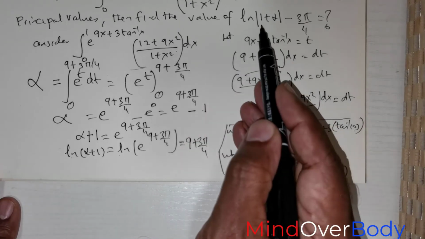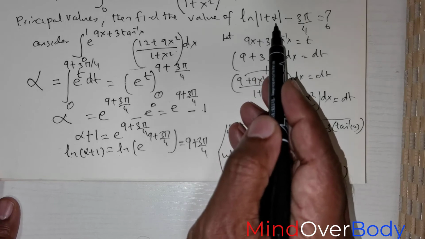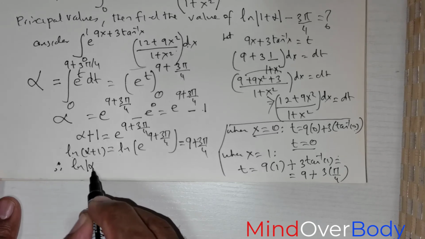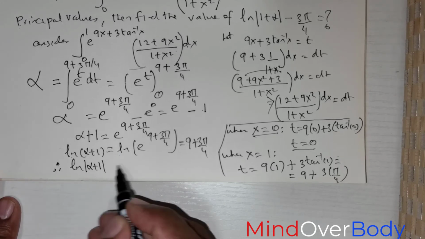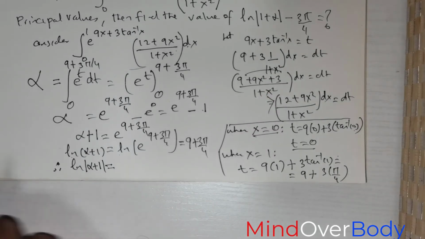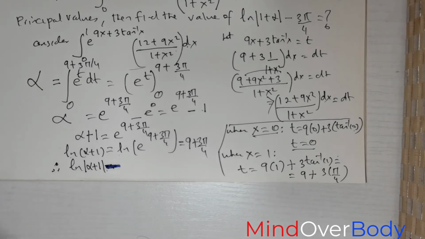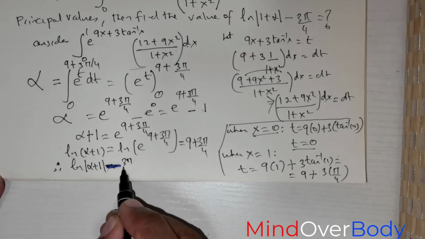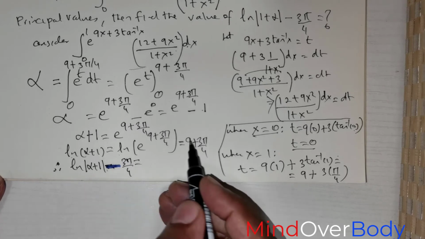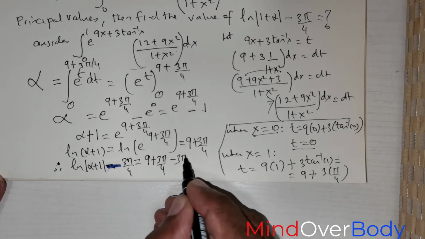But we are expected to find the ln of 1 + alpha - 3 pi over 4. So therefore, I can state ln of alpha + 1, or 1 + alpha, minus 3 pi over 4 is equal to, for ln of alpha + 1 I can substitute 9 + 3 pi over 4, and there is a minus 3 pi over 4.